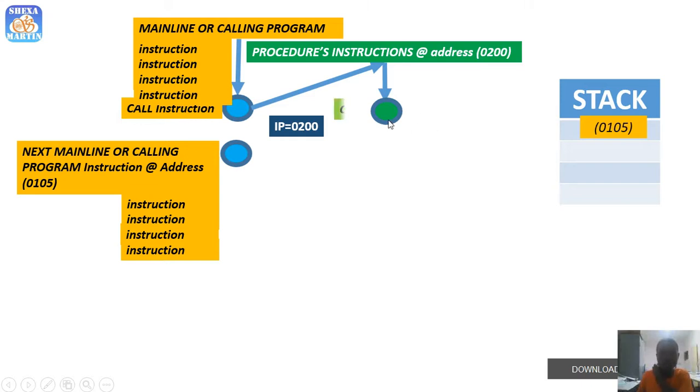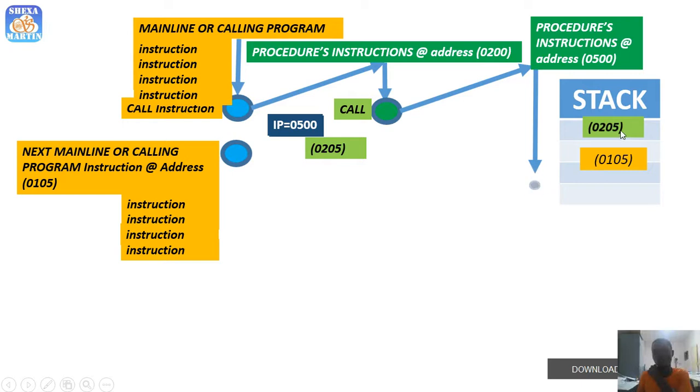The moment we say call, the IP register is populated with the address of the next instruction to be executed in the called procedure. The moment you say call, the address of the next instruction is moved to the top of the stack.